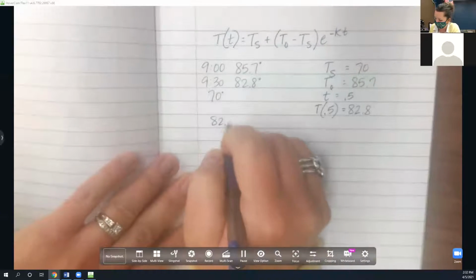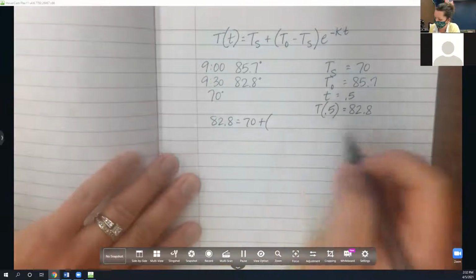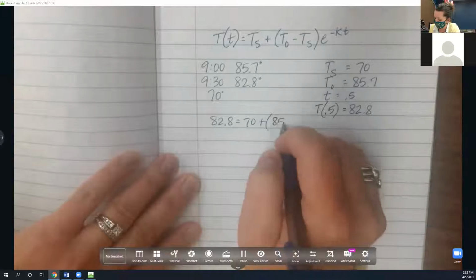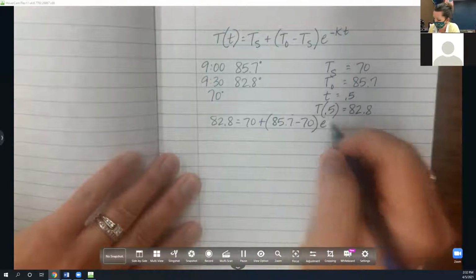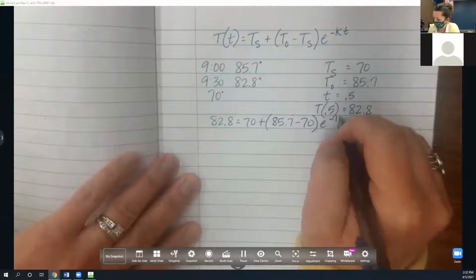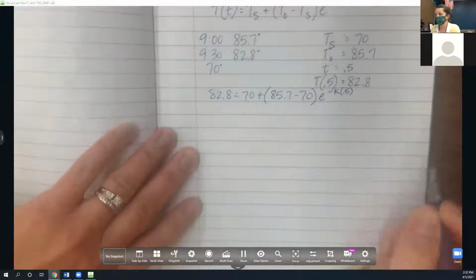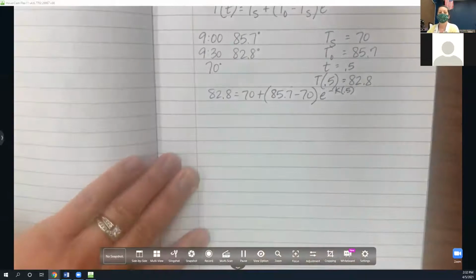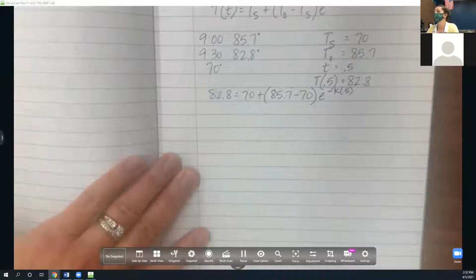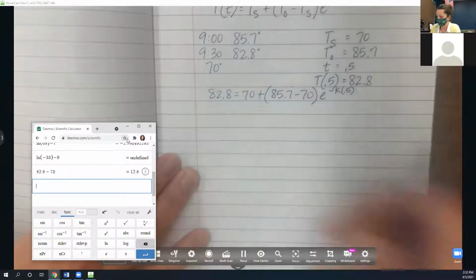We have 82.8 equals 70 plus the initial temperature, which is 85.7, minus 70, times e to the negative k times 0.5. All right, now we're just going to narrow it down to look like the equations that we were solving on the first page. So let's do 82.8 minus 70.